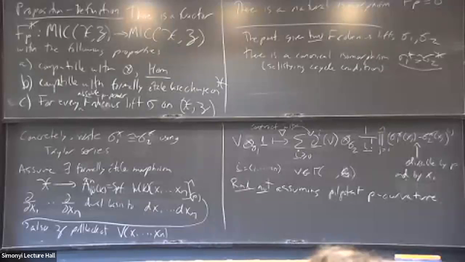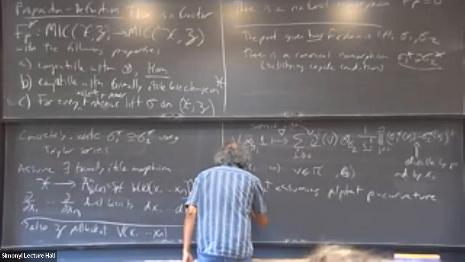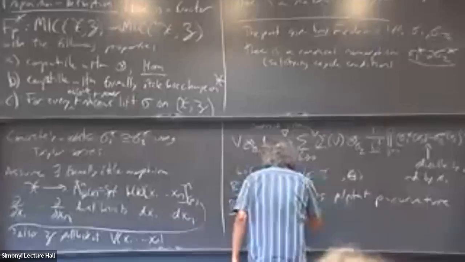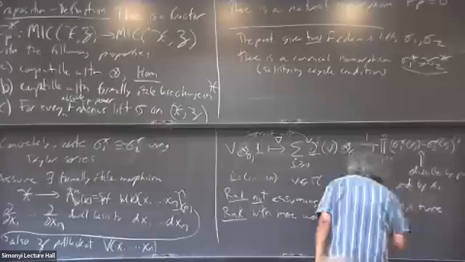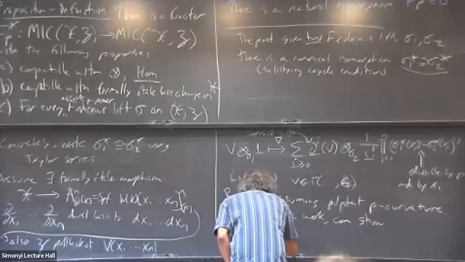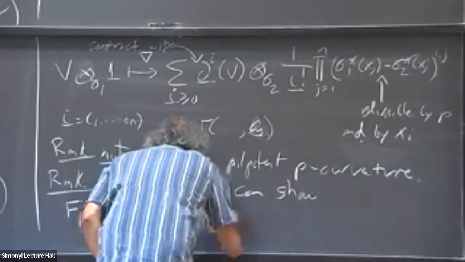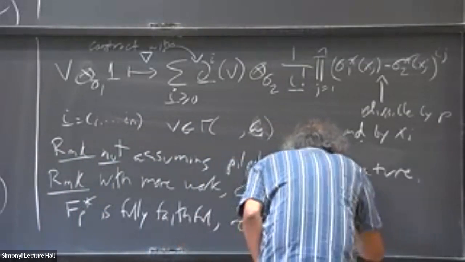Okay. So we've already started with remarks, so let me give you another remark. With more work, you can show that this thing is fully faithful and it reflects sub-objects. That's not so obvious a priori.